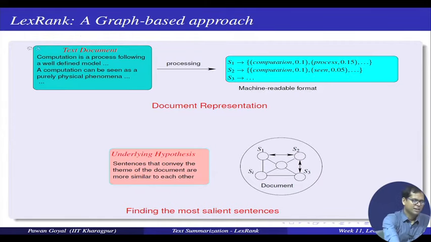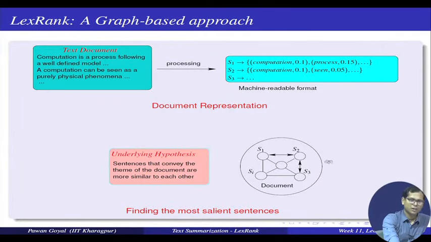So you say, okay, sentence S1 contains the word computation with a TF-IDF weight of 0.1, process with a TF-IDF weight of 0.15 and so on. Sentence S2 contains computation with a weight of 0.1, seen as a weight of 0.05 and so on, and I will do it for all the sentences. So this is like I am converting this document to a machine readable format where I have different sentences. Each sentence has some words with their different TF-IDF weights.